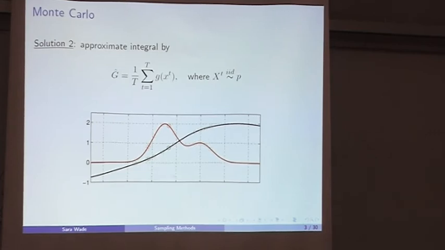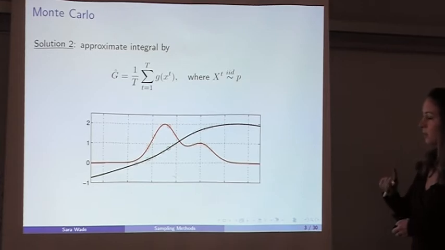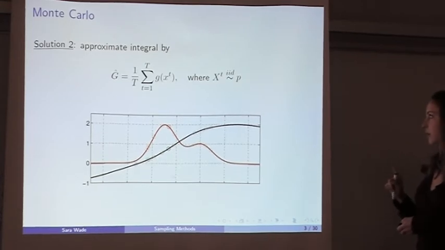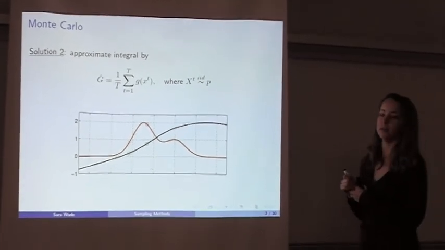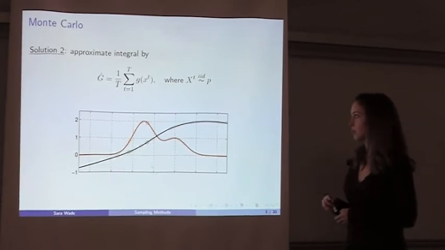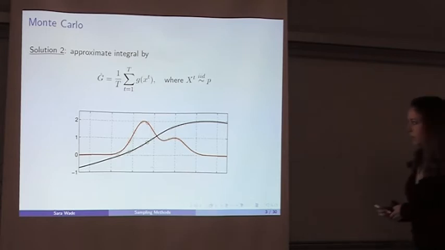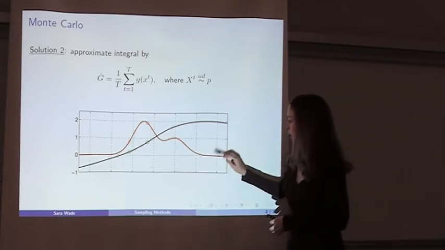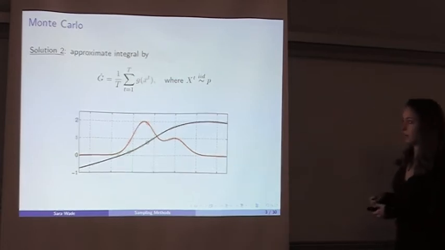So instead we can sample x's which are independent and identically distributed with density p, and we can approximate this integral by just plugging in our sampled values to the function and taking the average. So here we no longer have those points with practically 0 probability.